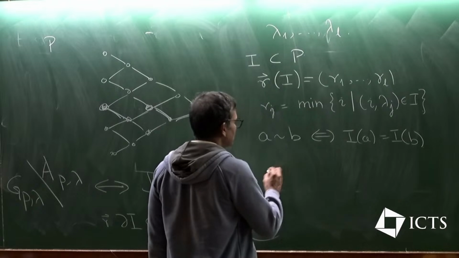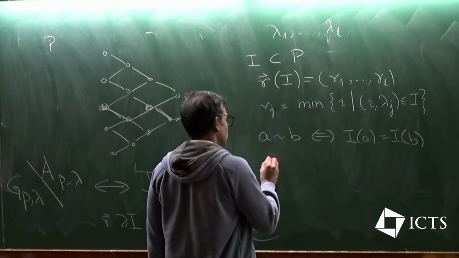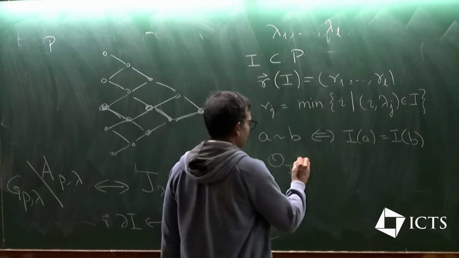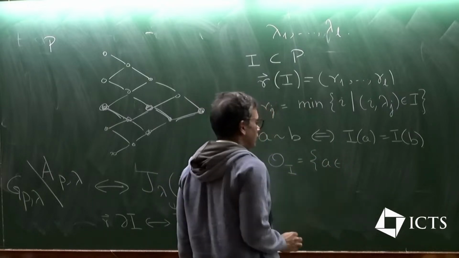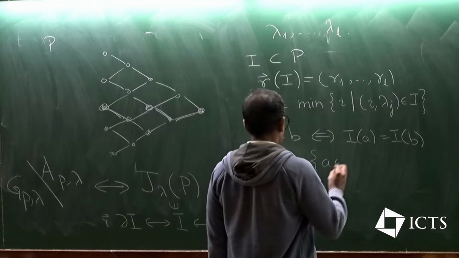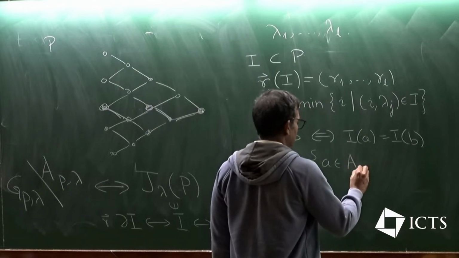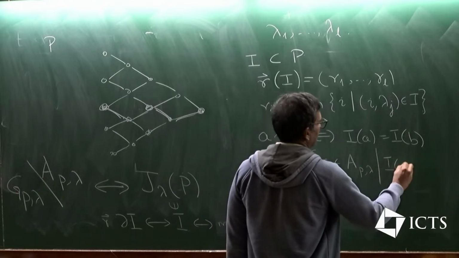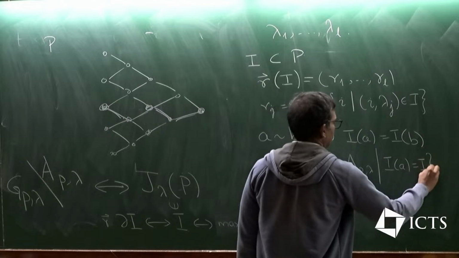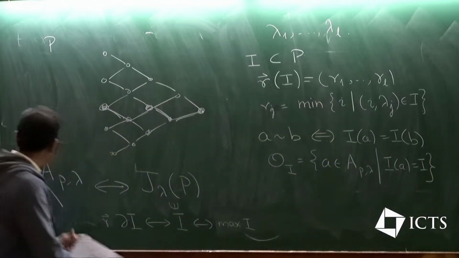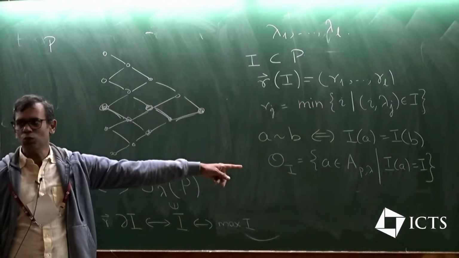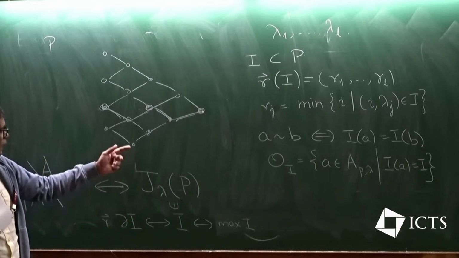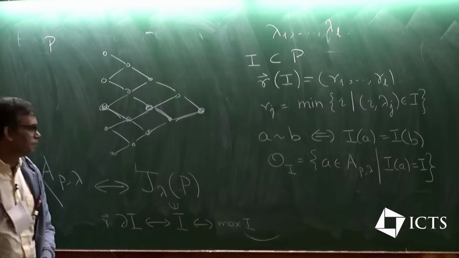So the orbits: O_I I will write as A belonging to A_P lambda such that I_A is equal to I. So what we have is that this A_P lambda is a disjoint union of O_I, where I runs over these ideals in J lambda P.